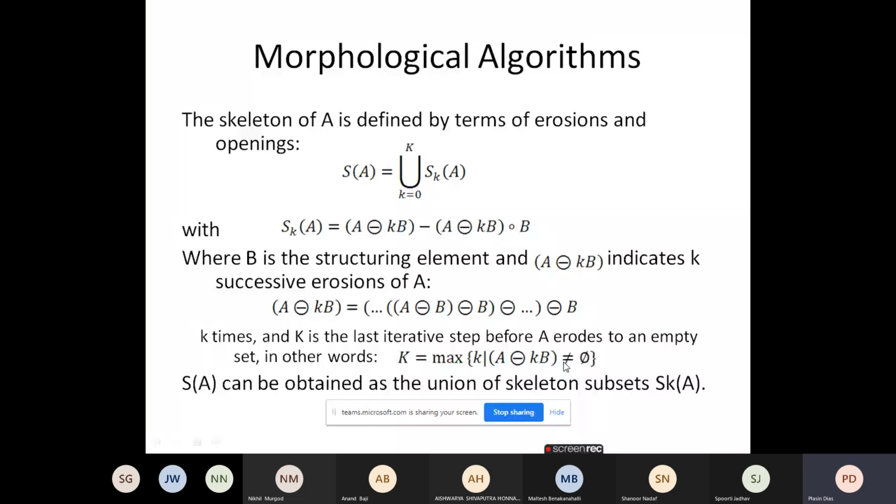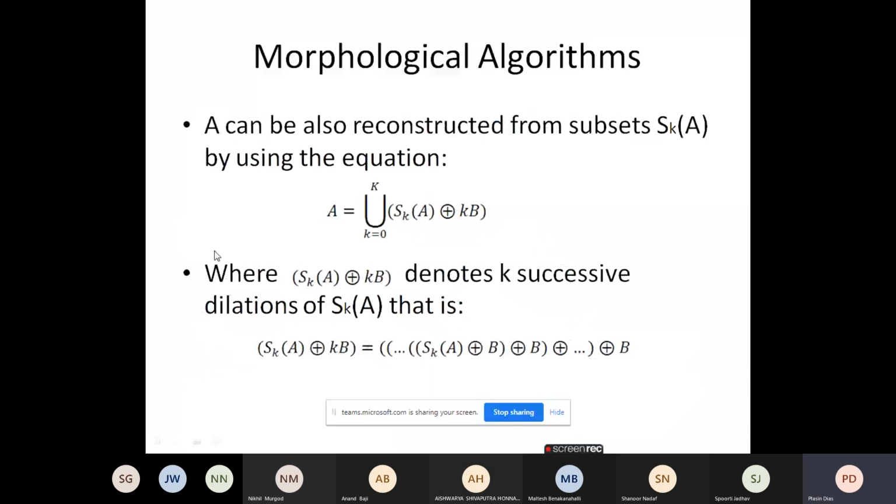Till you get the empty set, you have to consider those iterative steps. That is the condition. So how to reconstruct a subset using the equation? You have to again dilate. A dilation of Sk with KB will obviously give the reconstruction of a subset of Sk of A, so that we can get the original image.